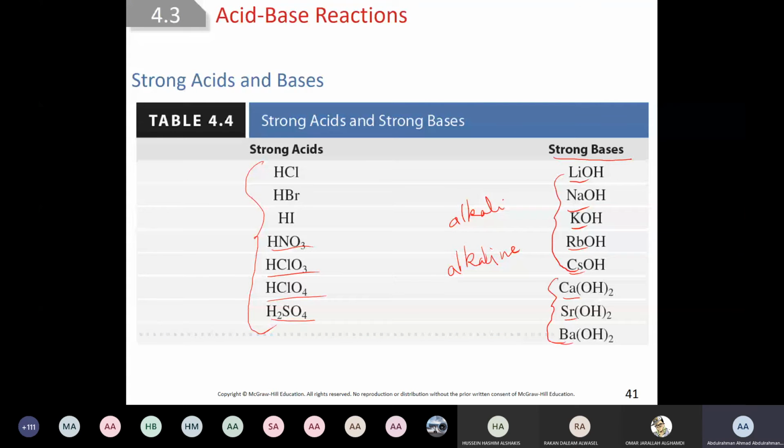But one is missing. Which one is missing? Magnesium. Mg is not here. Clear? So Mg should be here before calcium. If you have a periodic table, look at the periodic table. These are strong bases. This one is a weak base. Can you give me other weak bases?